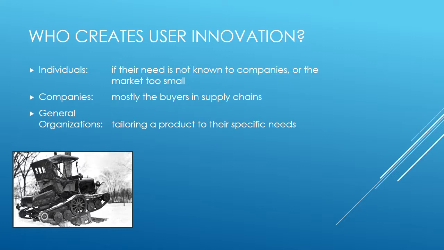Then companies, of course, innovate also, and it's user innovation, as we said before, if the buyer in the supply chain develops some product for his own supplier. And just any organization in general might innovate as a user.